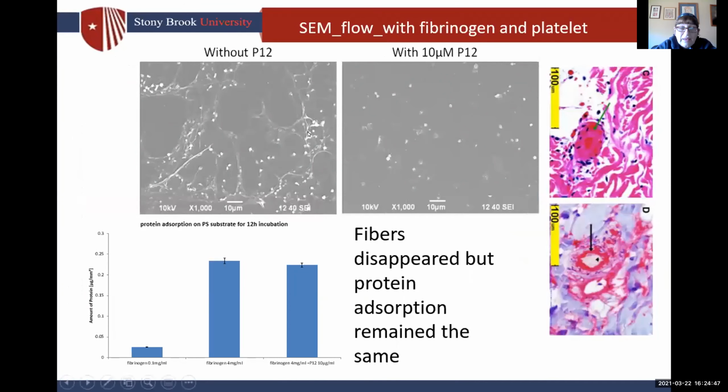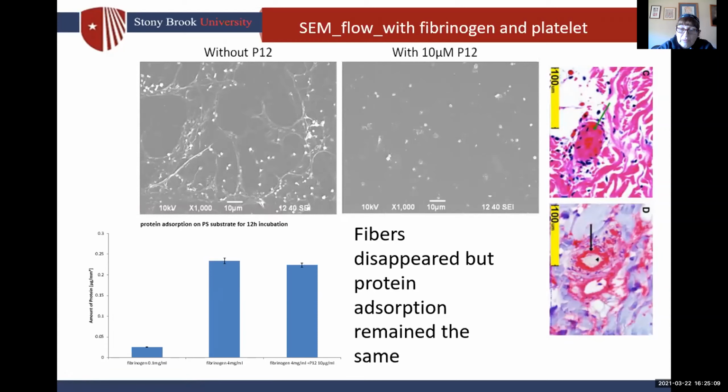This is flowing again, and this is very similar to what he had observed, where even though plenty of fibrinogen collected, even with P12 that you see right here, there are no fibers, because the fibers are what initiates non-thrombogenic clots.